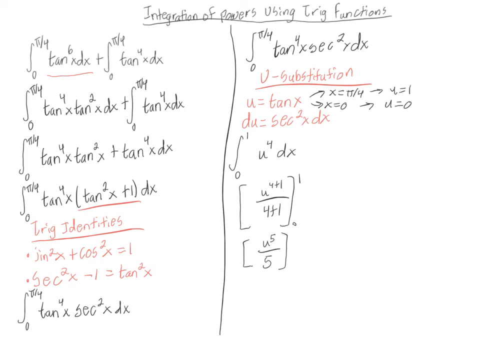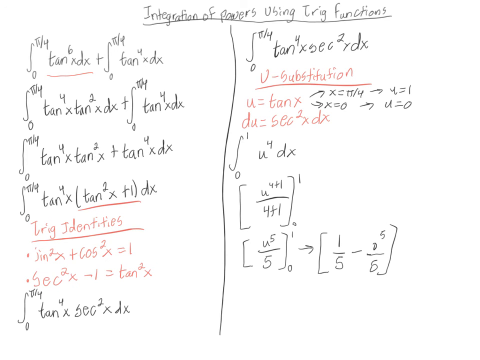Now we use the fundamental theorem of calculus, and that would be 1 to the 5th over 5 minus 0 to the 5th over 5.